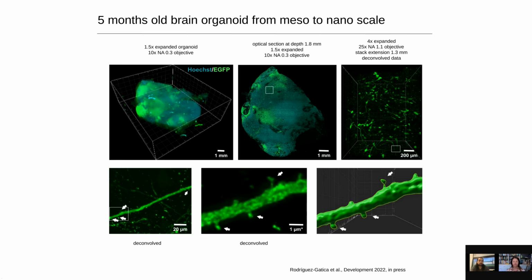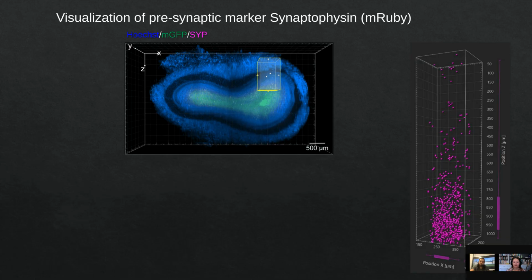But it's possible to do because you will have enough resolution and 3D information for that kind of analysis. If you take a sample like the one that we are showing in the lower right part in Imaris, you can use the tracing tool that is available to count and recognize the spine neck. Great, thank you.